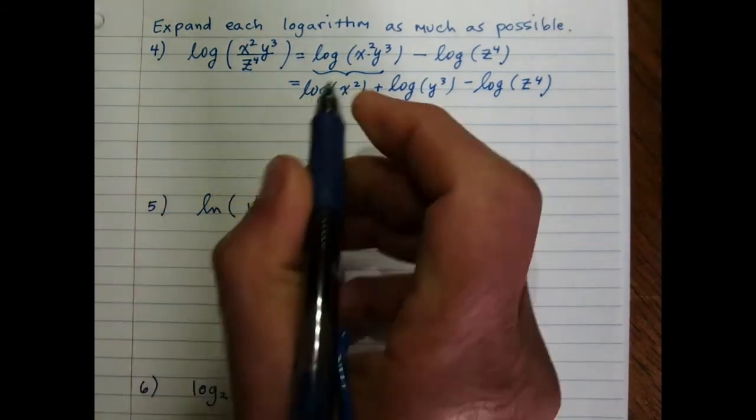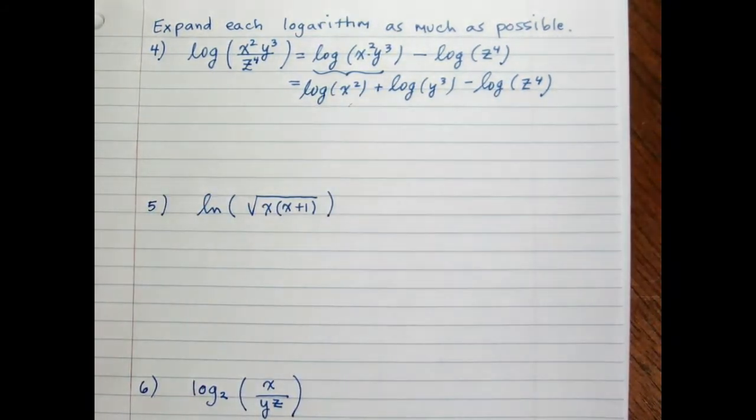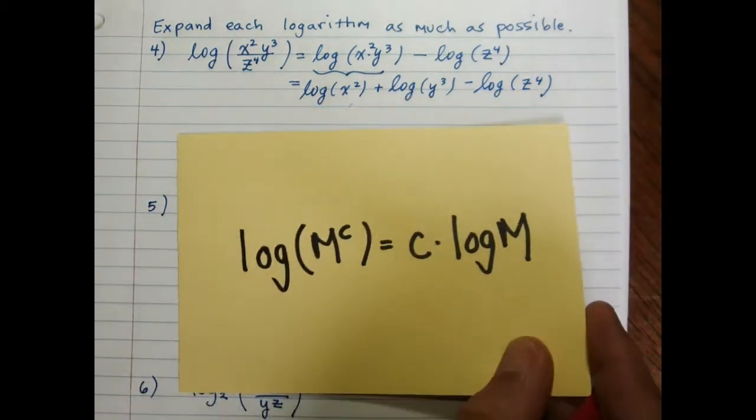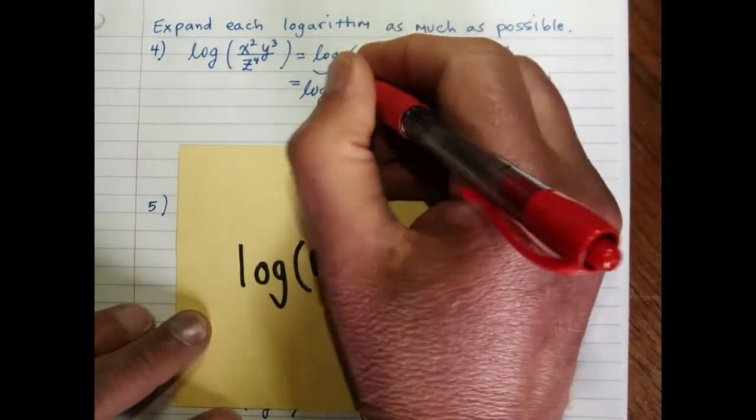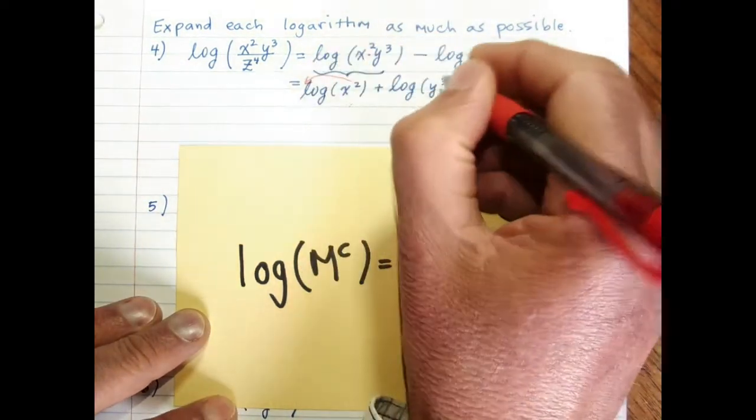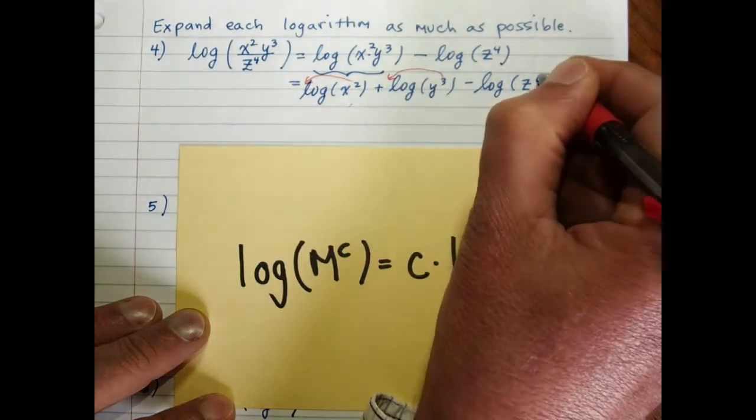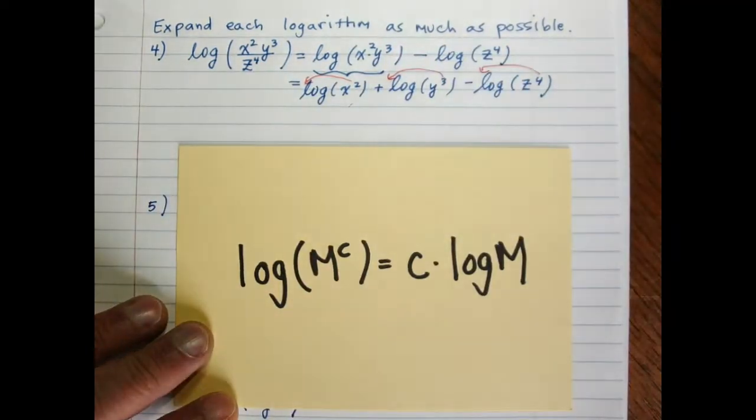And now in each one of those terms I have an application of the third law. In each case I'm going to bring that power out in front as a factor.